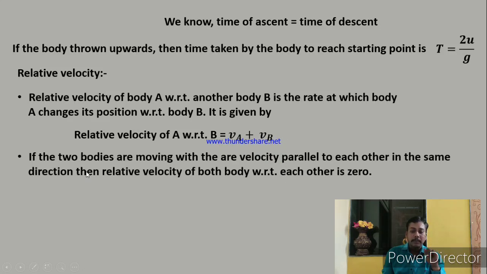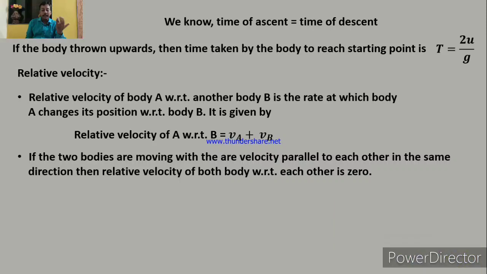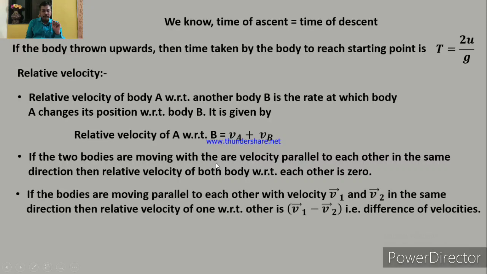Now let's take some conditions here. If the two bodies are moving with velocity parallel to each other in the same direction, then the relative velocity of both bodies with respect to each other is 0. If both bodies move with the same velocity, parallel and in the same direction, then relative velocity is equal to 0. That is the first condition.